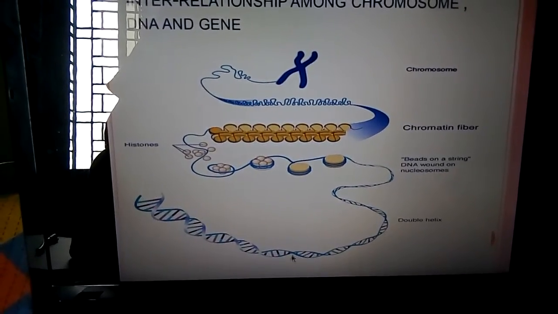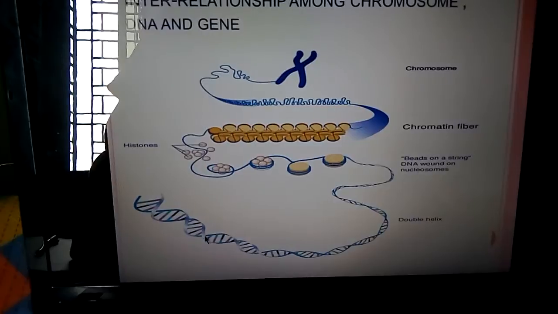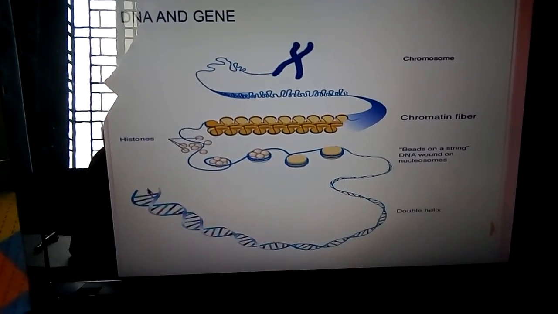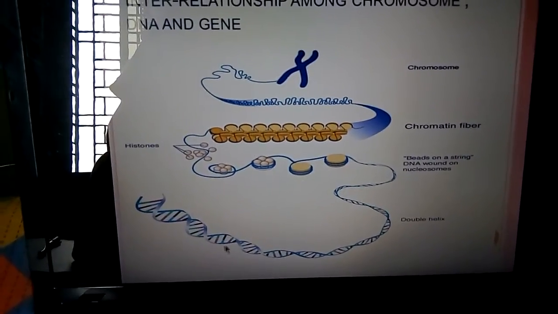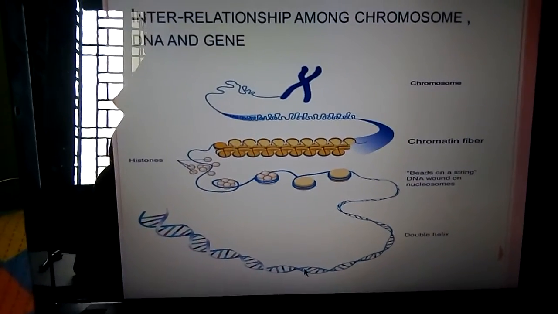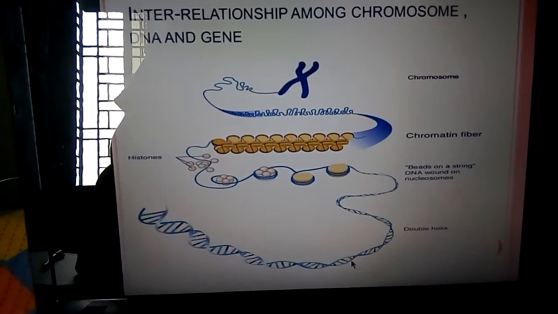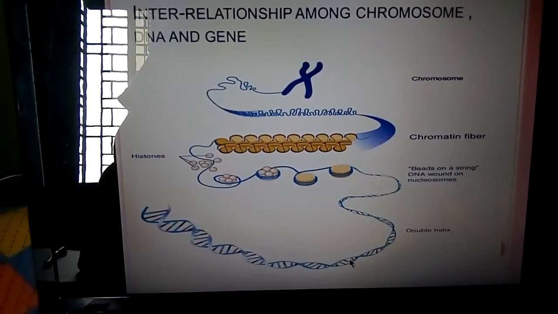The two thread-like parts are interconnected with each other by hydrogen bonds, and each strand of DNA consists of nucleotide sequences, that is purine and pyrimidine.